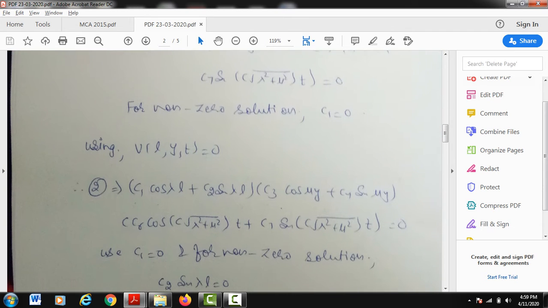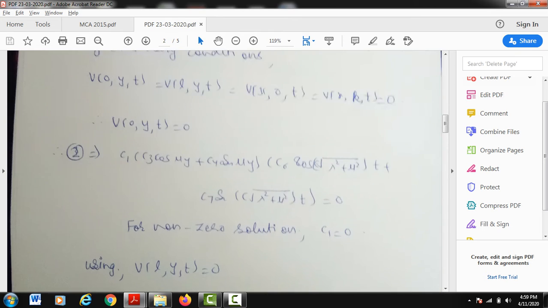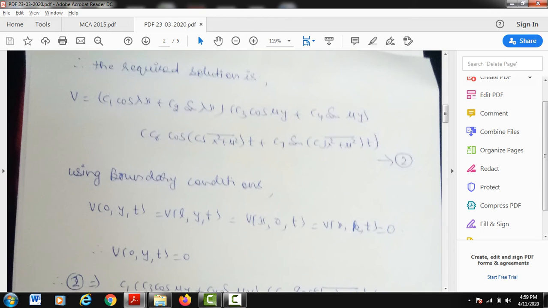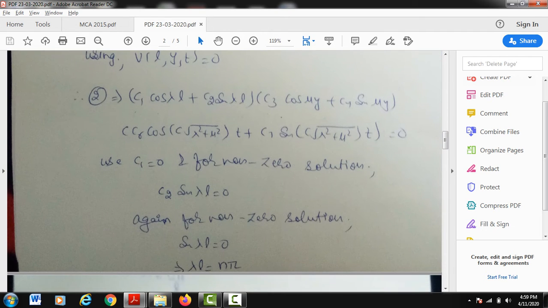The next condition that I am using is v(L,y,t) is 0, by putting x equal to L. If I put x equal to L in the second equation, it becomes c1 cos lambda L plus c2 sin lambda L, and the rest of the factors remain the same. Since c1 is 0, I get only c2 sin lambda L and the rest of the two factors. Again, the product of these three factors is 0, but the other two factors cannot be 0 for the non-zero solution, so I am left with c2 sin lambda L equal to 0.